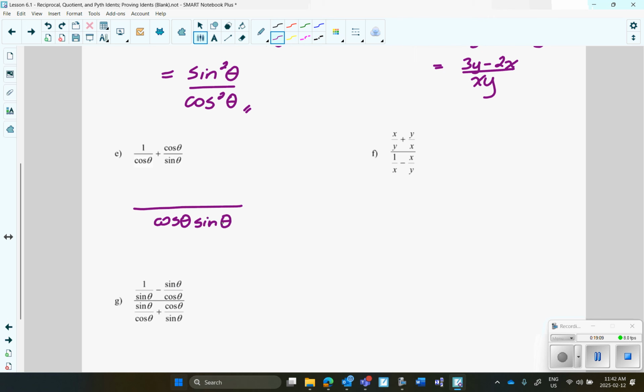I just multiply the 2 denominators. What must I multiply the first fraction by to get the LCD? I'm going to multiply by a sine theta here to get the LCD, which means I got to do the top by sine theta. And what's sine theta times 1? 1 sine theta, or sine theta.